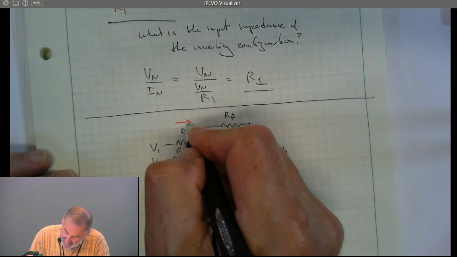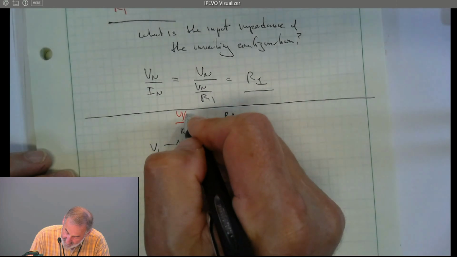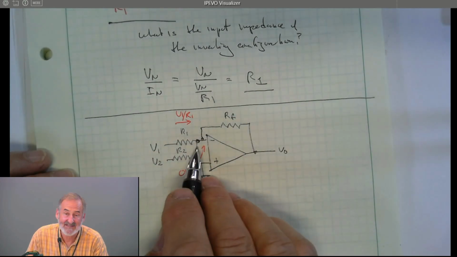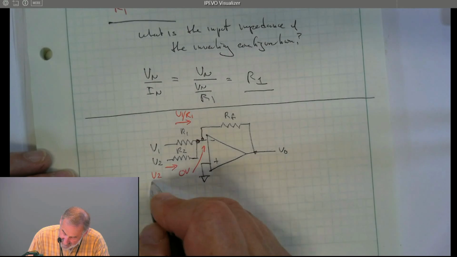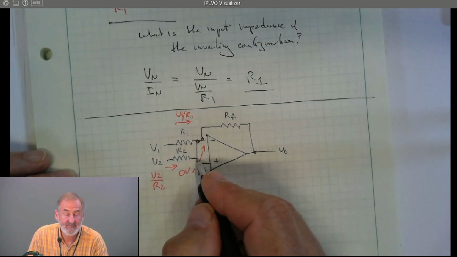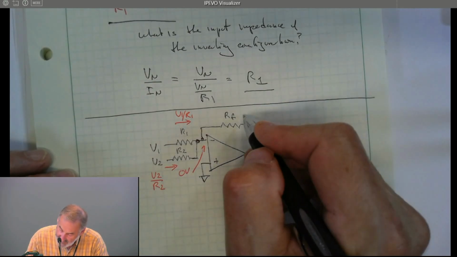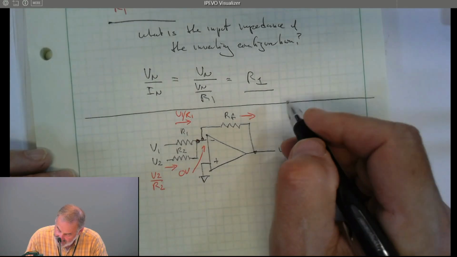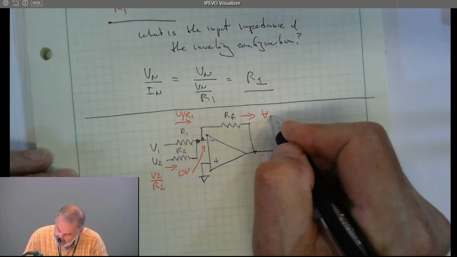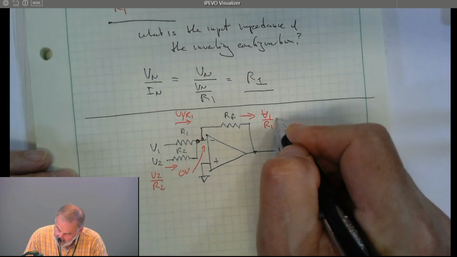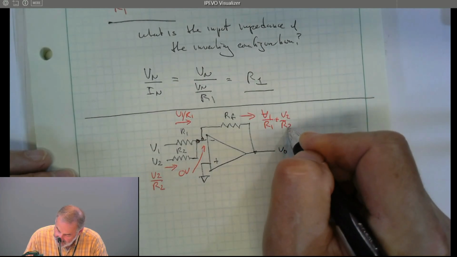The current that flows through R1 is just V1 over R1 because it's V1 minus 0 over R1. The current that flows through R2 is just V2 over R2 because, once again, the other end's at virtual ground. And that means that the current that flows through here has to be V1 over R1 plus V2 over R2.